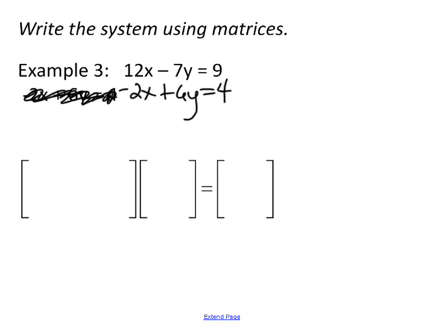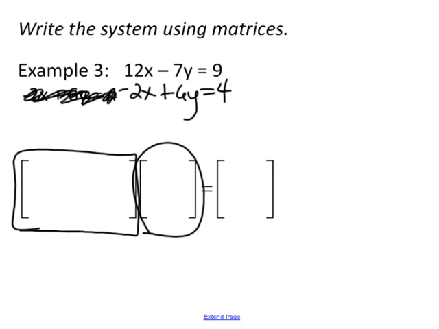I just rewrote it so it looks more like a system, so that one equation is on top of the other. When I say write the system using matrices, I'm going to have 3 matrices. I'm going to have the matrix on the left, which is called the coefficient matrix. The matrix in the middle is the variable matrix, and the matrix on the right is the constant matrix.